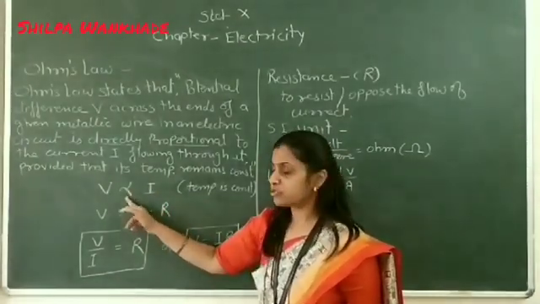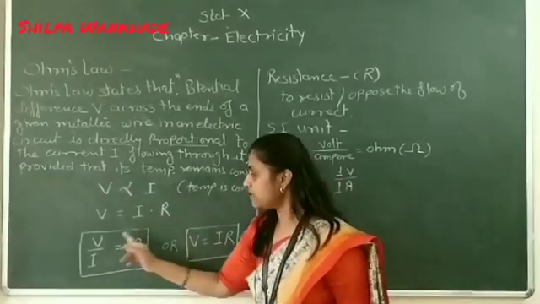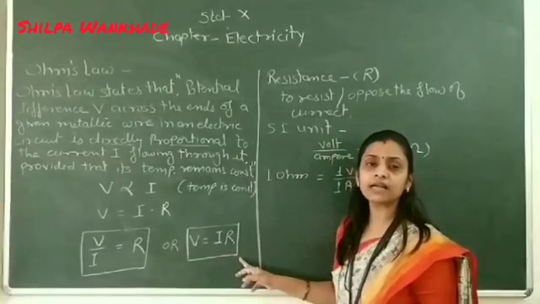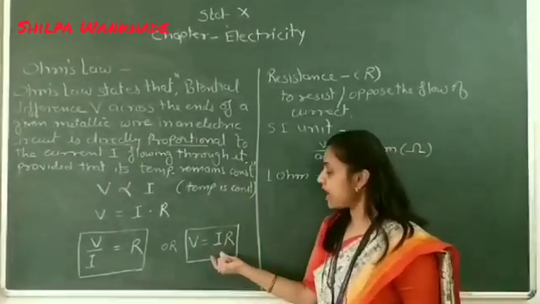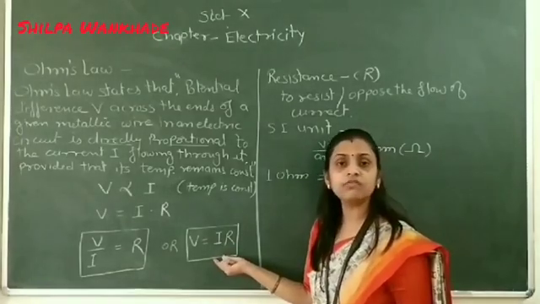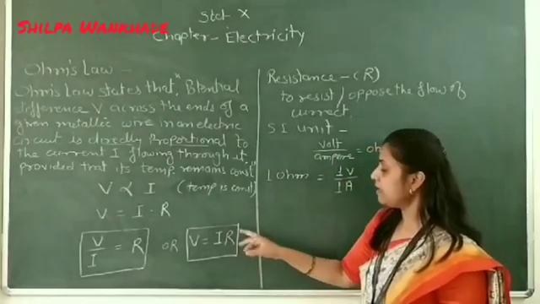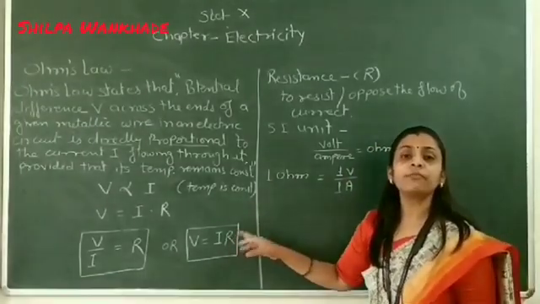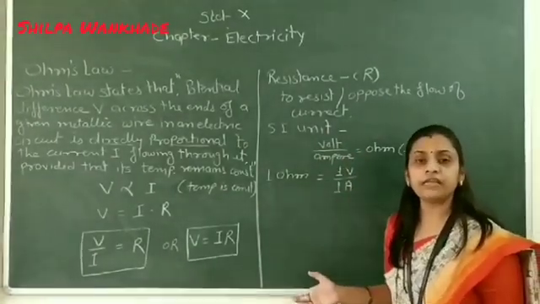Whenever we remove the proportionality sign, we have to take a constant, and that constant is R, and therefore V is equal to IR, or V by I is equal to R, is the mathematical expression for Ohm's law, where R is nothing but the constant of a given metallic wire for a given temperature. And how do we define resistance? Resistance is the property of the conductor which resists or opposes the flow of electric current.